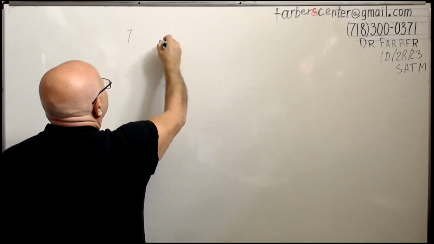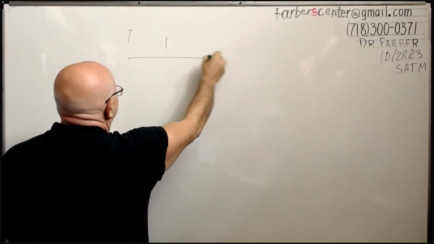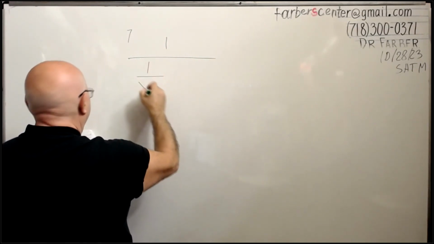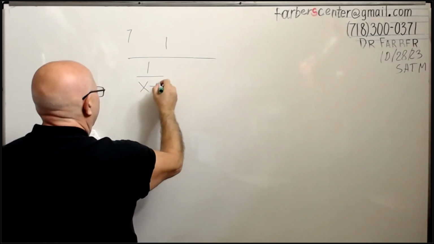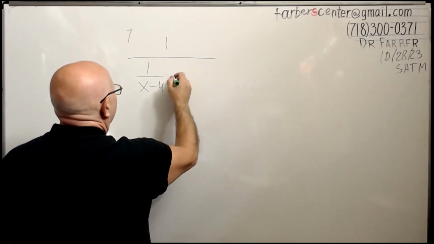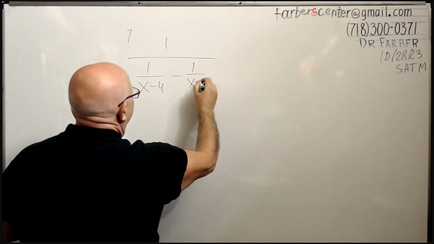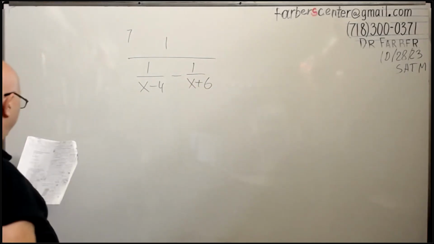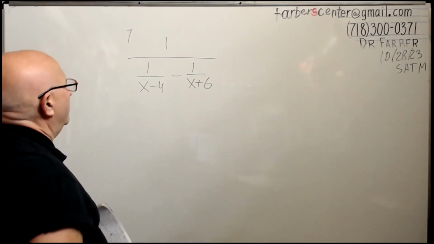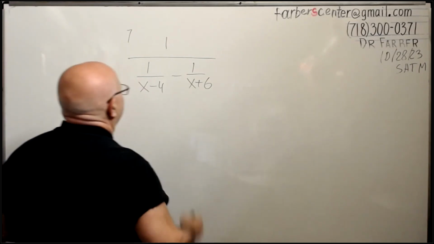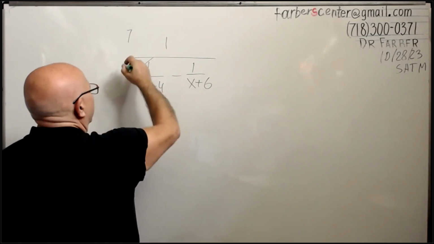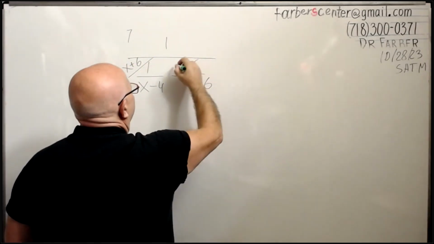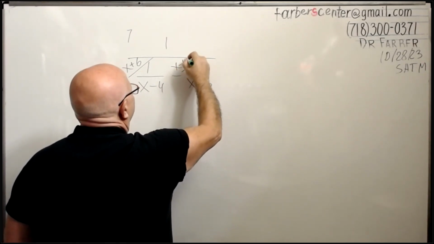We have 1 divided by 1 over x minus 4 minus 1 over x plus 6 for the following equivalent. Well, how do you subtract two fractions? LCD. This I multiply by x plus 6. And this by x minus 4.